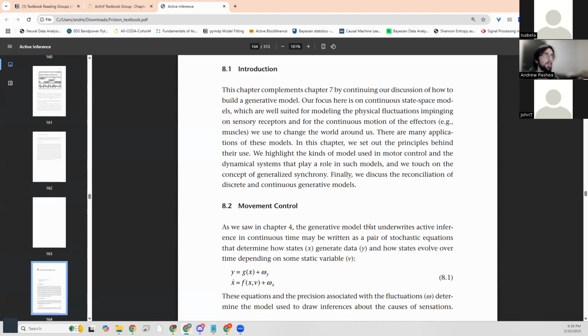We saw this in chapter 7 with preferences, and the more expanded way of looking at them is priors over observations. And if they remain fixed, which oftentimes they do, such as in the T maze, the mouse always wants the cheese. At no point does it start to want the shock and devalue the cheese, right?